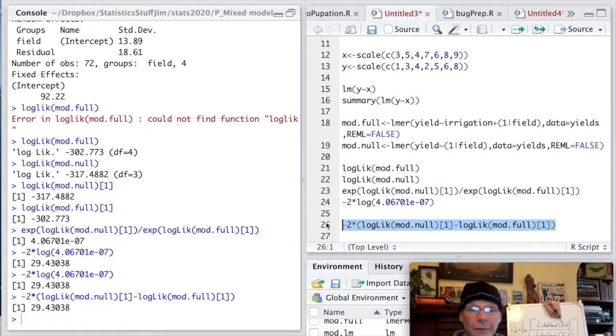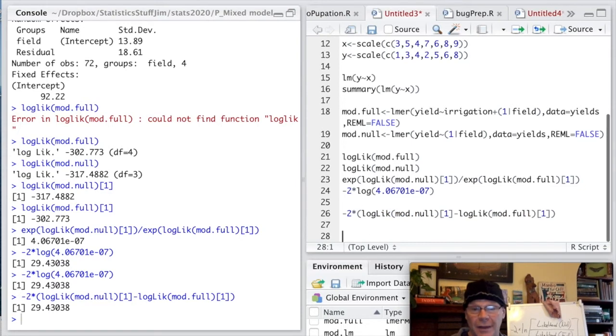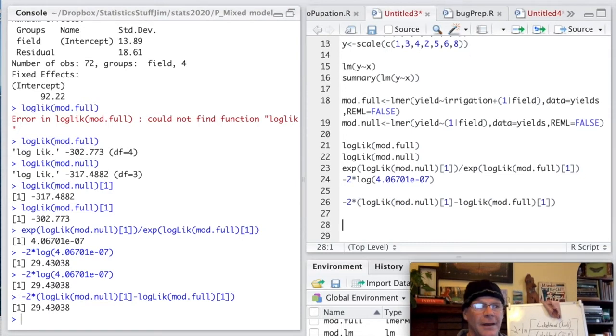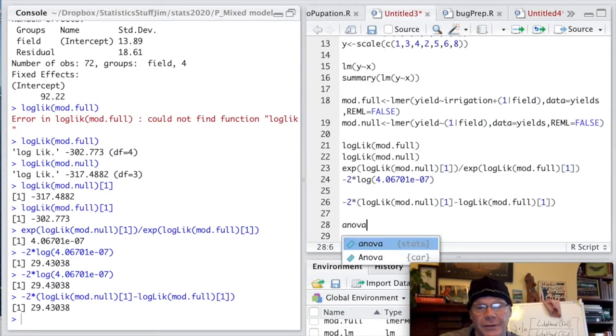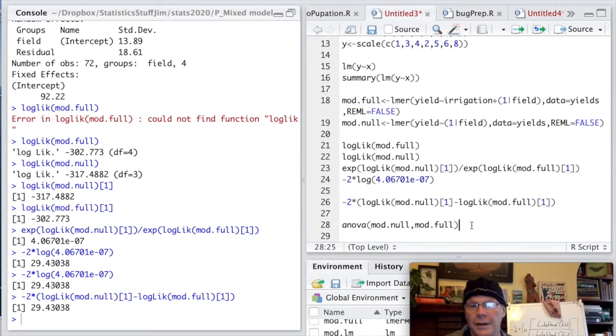Okay, so built into R, we can do this without doing all of that math. We can use the lowercase anova function, and if we give it 2 models, our null model and then our full model, it will do the likelihood ratio test for us.